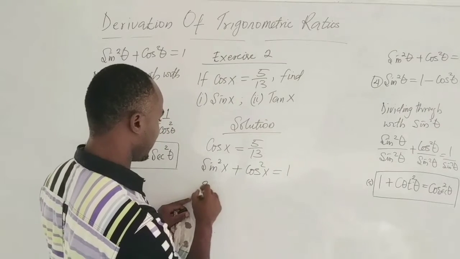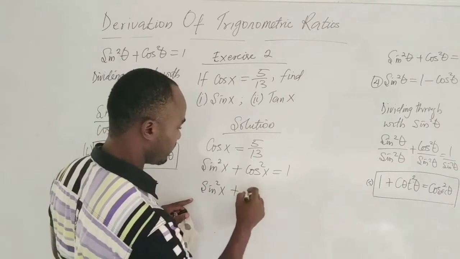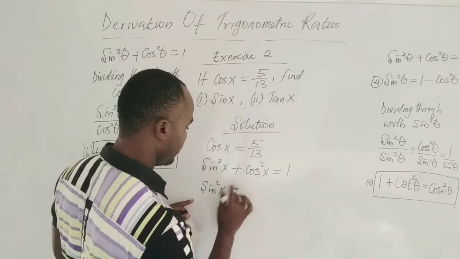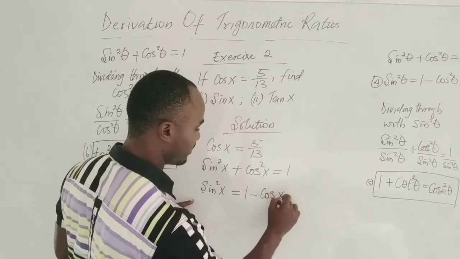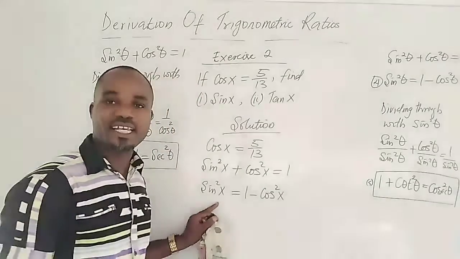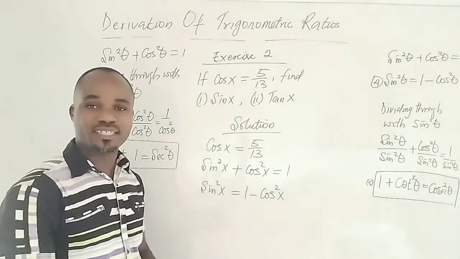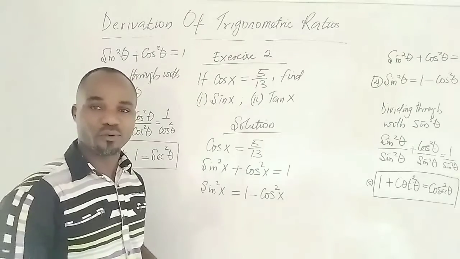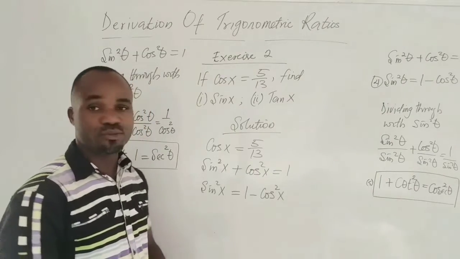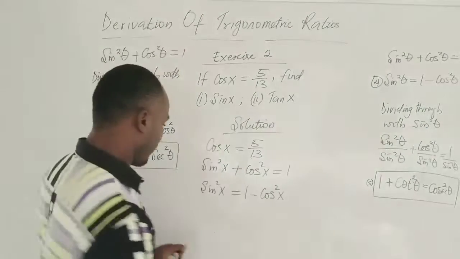Here we make sin x squared the subject: sin x squared is equal to 1 minus cos x squared. We have succeeded in making sin x squared the subject, because that is the quantity we are looking for. So the next step is to substitute wisely and then simplify accordingly.